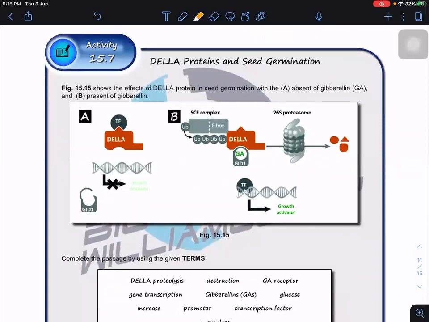So in A, DELLA protein and seed germination, it is basically the absence of gibberellin. So A means seed dormancy.